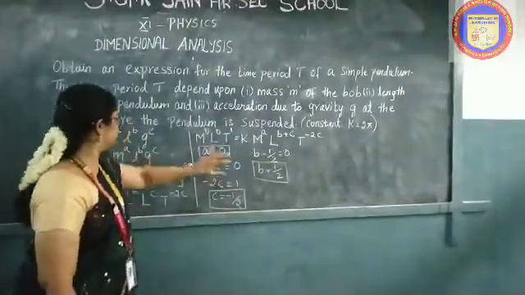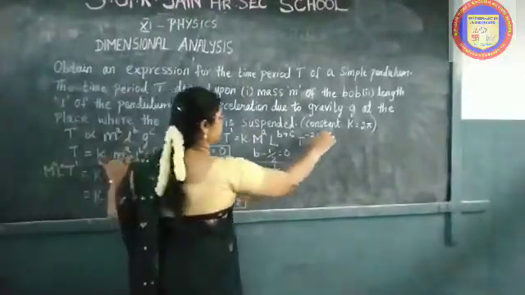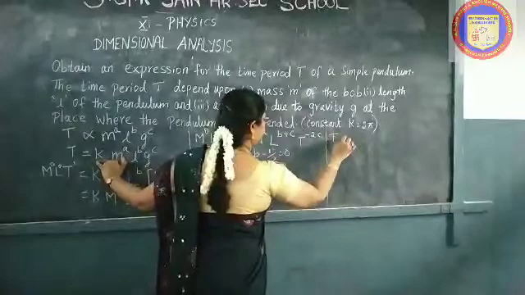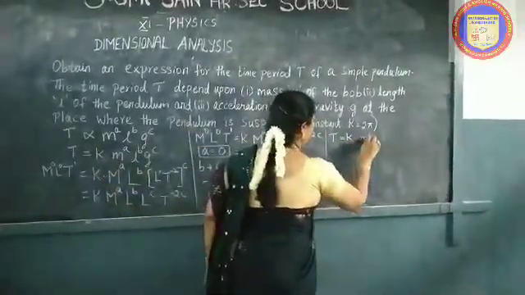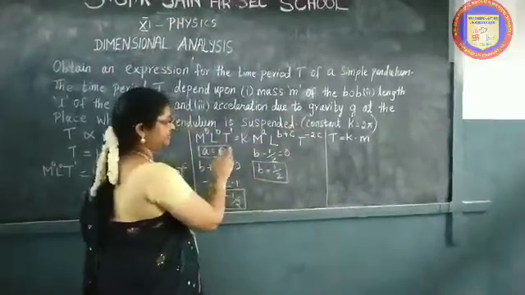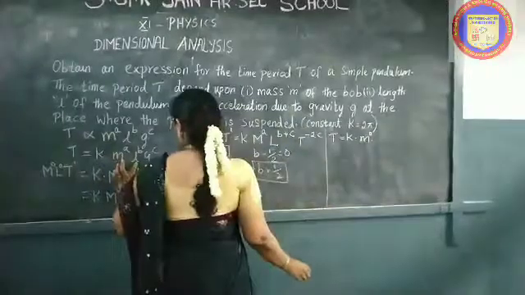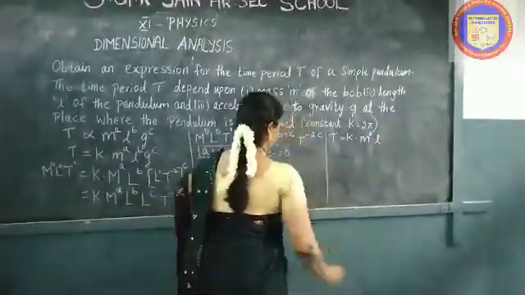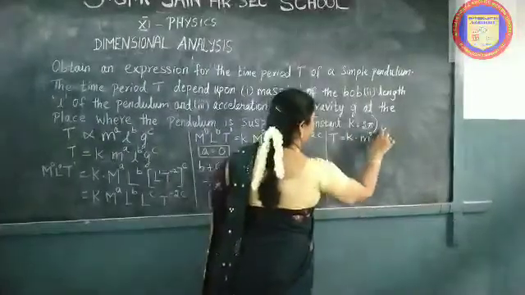I am going to substitute these values into my given equation. So what will I get? T is equal to k value into M power a. What is my a value? It is 0, so I write it as 0. Then I have L power b, the b value is 1 by 2, so I write 1 by 2.